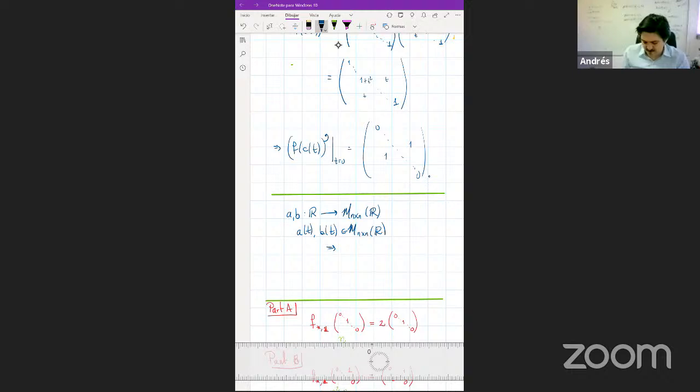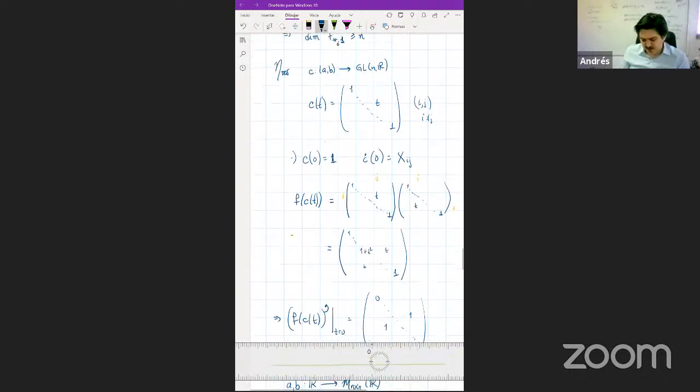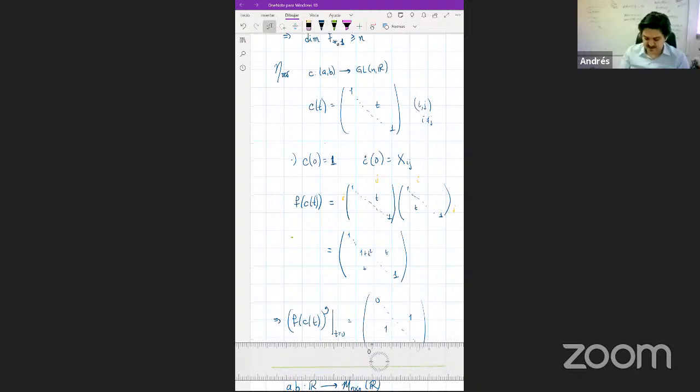I want them to be squared just so that I can make the product. When I took the derivative in these two cases, I did the product and then computed the derivative.